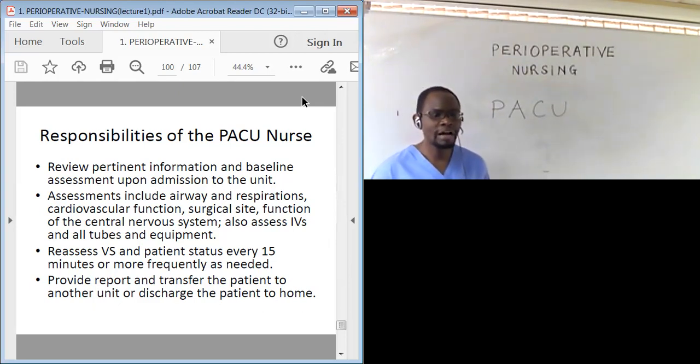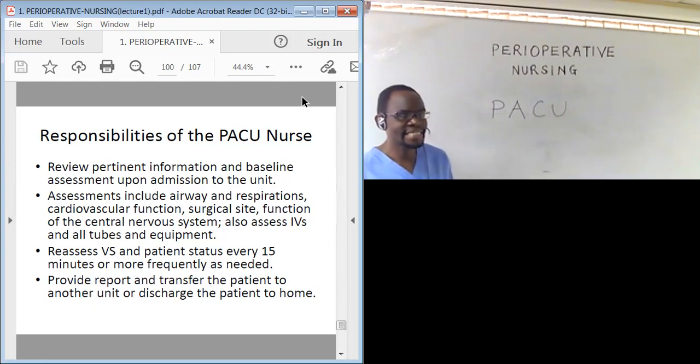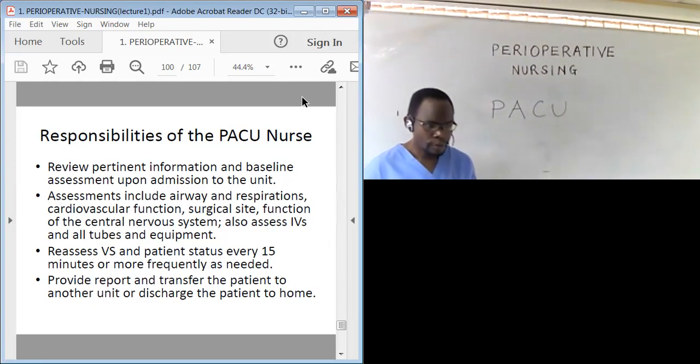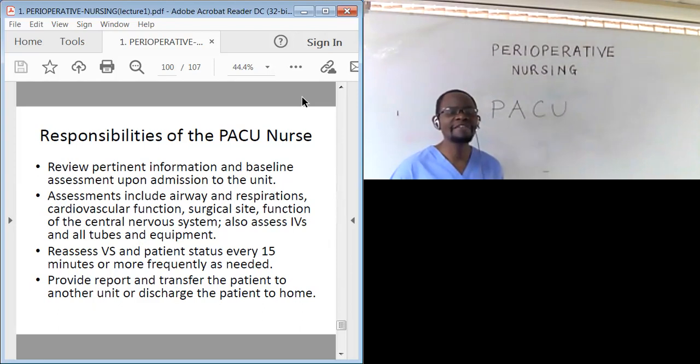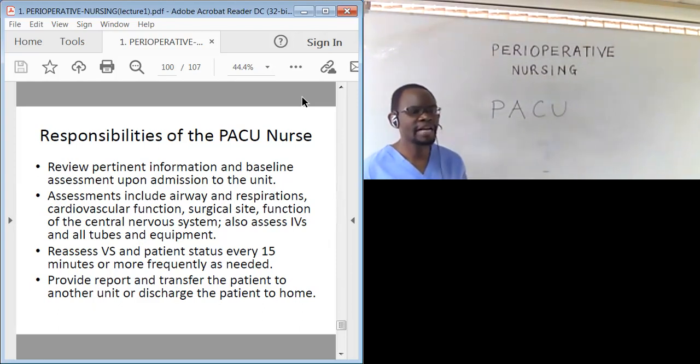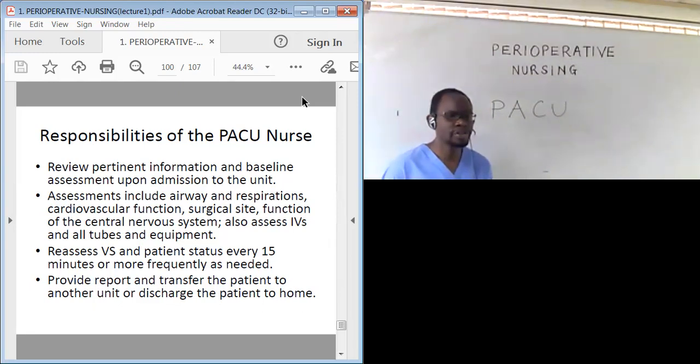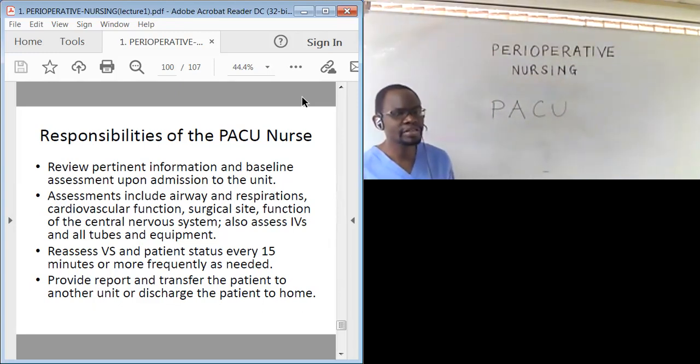Of course, you will cover this more. Then assess all the IV sites and all the tubes that have been attached on the patient. We assess vital signs and pertinent status frequently.